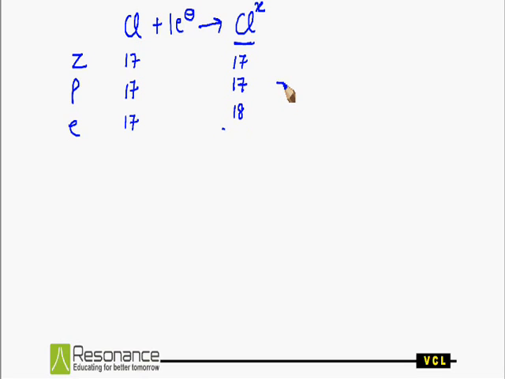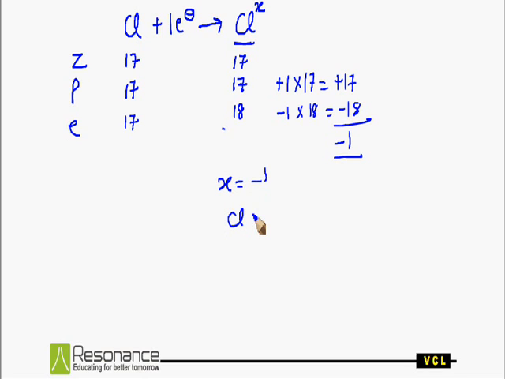For 17 protons, the charge will be +17, and for 18 electrons, the charge will be -18, and -1 will remain, so we can say that X equals -1, meaning the charge on chloride ion will be -1.